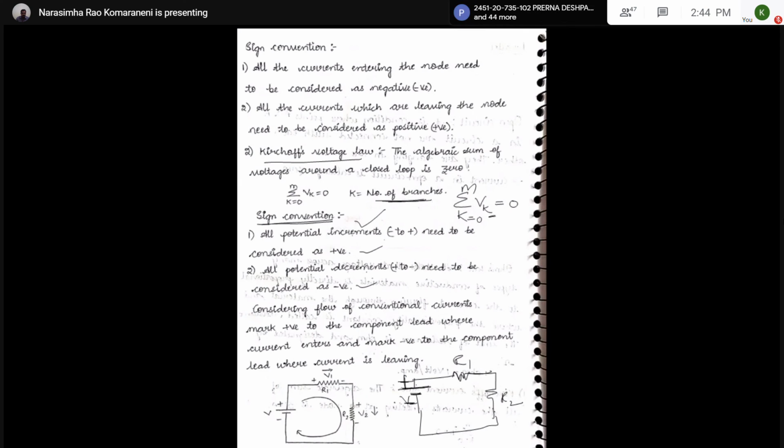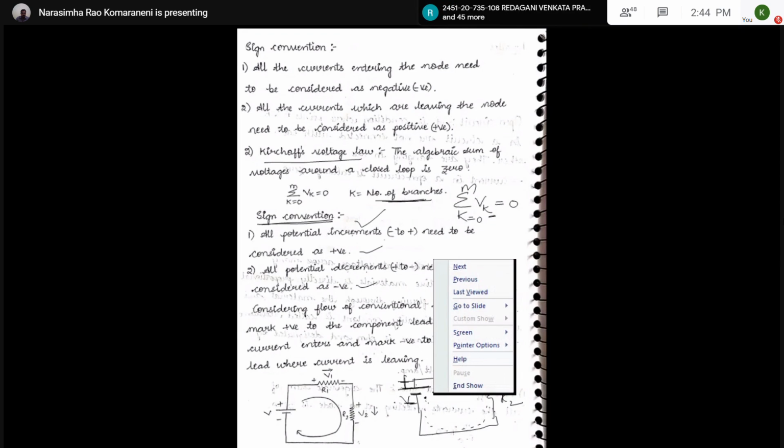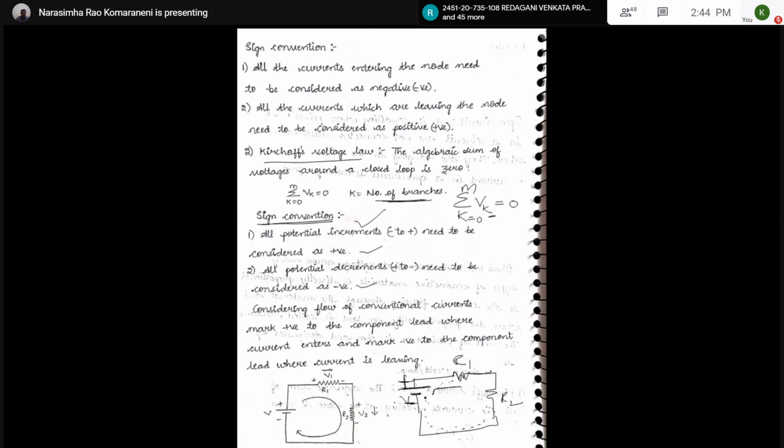If you see here, in the battery, electrons will move from the negative terminal to the positive terminal in this direction, whereas the conventional direction is opposite to that of the electron movement, that is, in this direction. So for this circuit, you have to consider the conventional current direction in this way. Is it clear or not? Why did I draw the current direction like this? Is it clear?